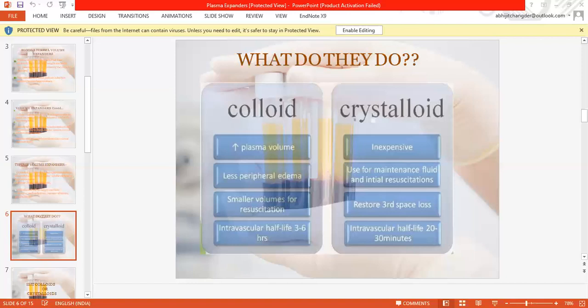These are some volume expanders: human albumin, dextran, polygelin, DX40, DX70, hetastarch, etc. These are examples of plasma expanders.